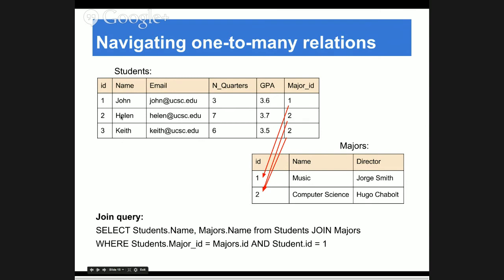So I will have the student name, but also the major name. From student join majors, so from the join of these two tables, where the constraints are that the student's major ID is equal to the major's ID. So I enforce this equality constraint explicitly, okay? And the student ID is equal to 1. So this will give me the full data on the student John.